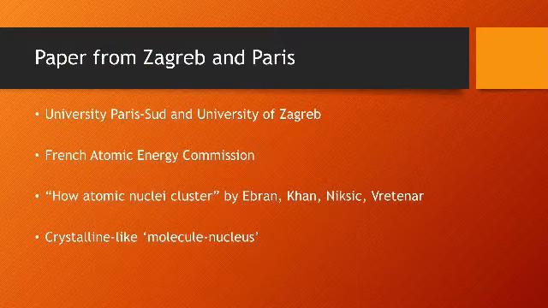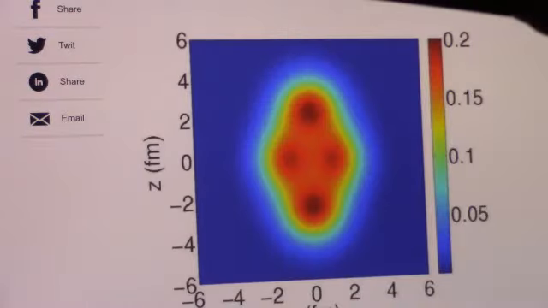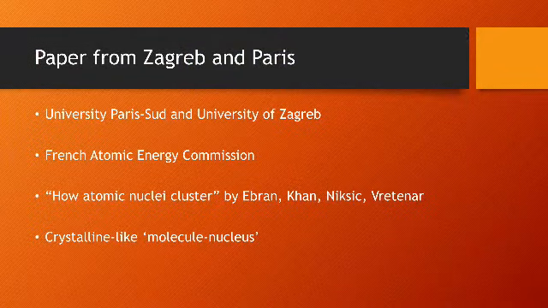Now the paper that I'm comparing it with, I keep showing you this photograph here, that is prepared from a paper from people in Zagreb and Paris, and the University of Paris Sud and the University of Zagreb were much involved with that neon Schrodinger's equation simulation.